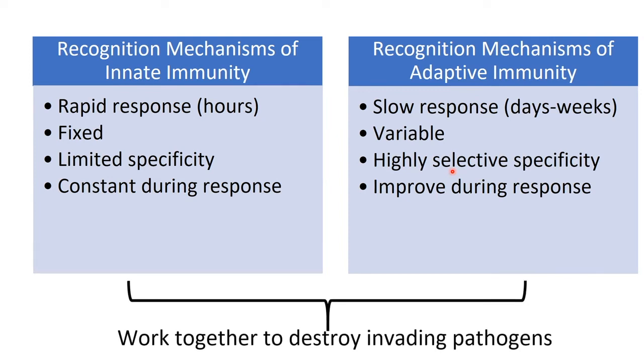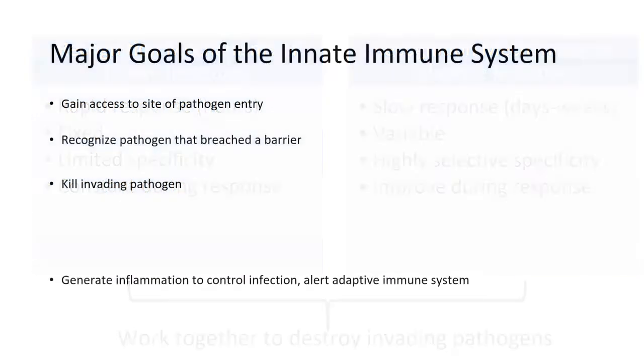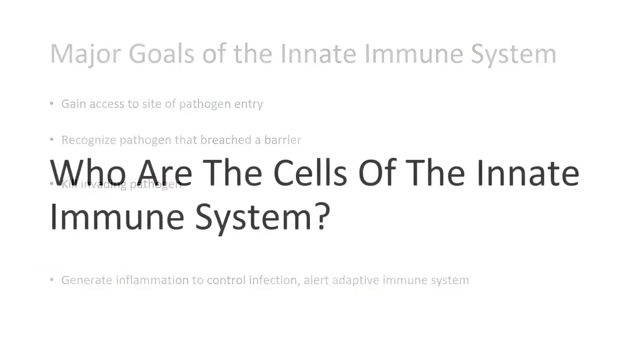And these two arms work together to destroy the invading pathogen. So the innate immune system gains access to the site of pathogen entry, recognizes the pathogen based on broad classes of receptors, kills the pathogens, and alerts the adaptive immune system.